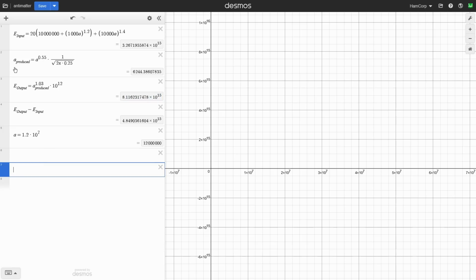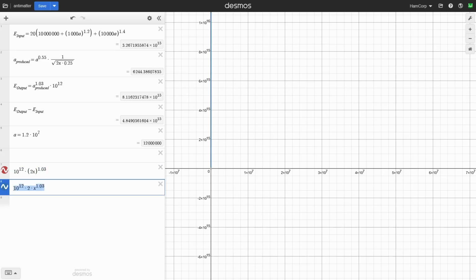And by the way, the reason you want to burn all the antimatter at once is, look at this. This top equation is the amount of energy you get from burning your entire batch of antimatter at once. And the bottom is how much you get for burning half of it in 2 sets. So if you look at the ratio of these two numbers, you get this quantity, which is about 1.02.